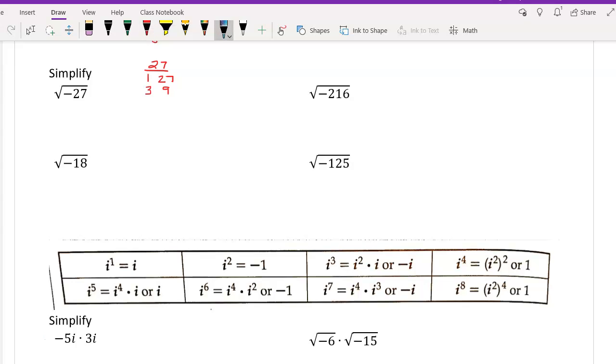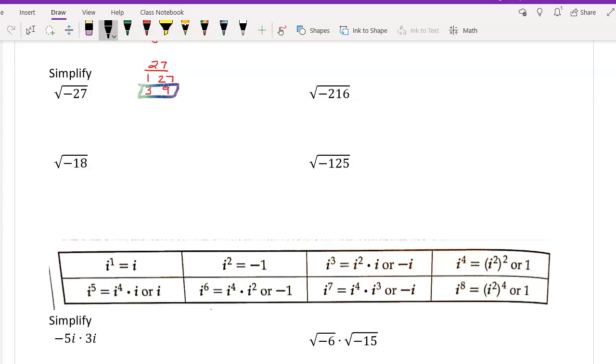All right, so now I'm looking at the square root of -27, and I'm looking at the factors of 27. I'm going to look for the largest perfect square. And remember, perfect squares are 1 squared equals 1, 2 squared equals 4, 3 squared equals 9, and so forth. So in this case, 9 is a perfect square, so I'm going to choose 3 times 9.